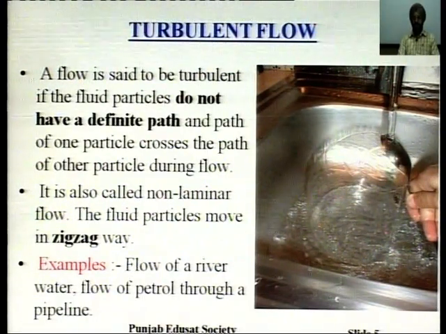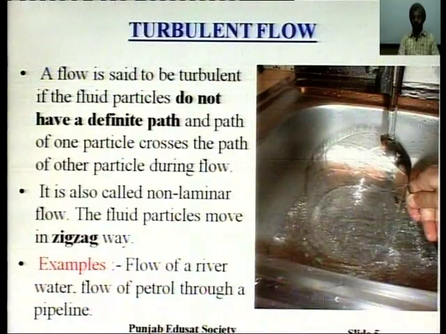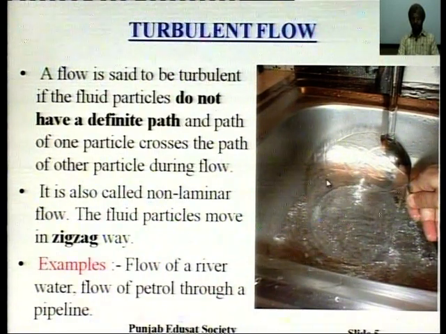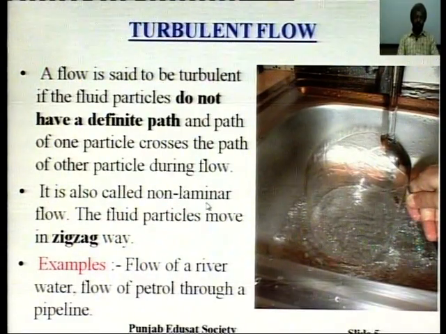As we can see here, the path is definite and the flow is laminar, but as soon as we introduce the spoon in between, the flow becomes turbulent. Now, the path is not definite, and a particle in one path is crossed by another particle in this turbulent flow. That is why this flow is also called non-laminar flow, the opposite of laminar flow, since the fluid particles are moving in a zigzag way.